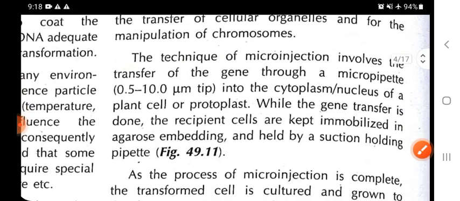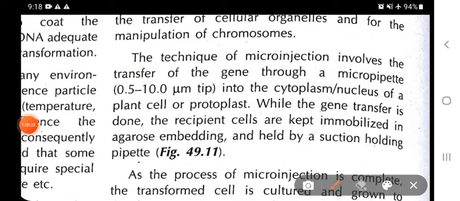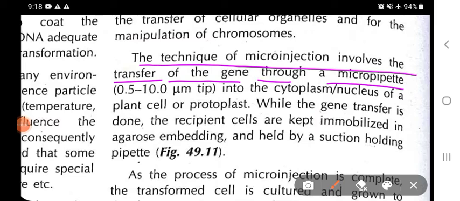Now, how is this microinjection process carried out? The technique of microinjection involves transfer of a gene through the help of a micropipette. The micropipette here is a bit different from the one you have used in the laboratory. Here the micropipette is very thin, with a tip of about 0.5 to 10 micrometers.